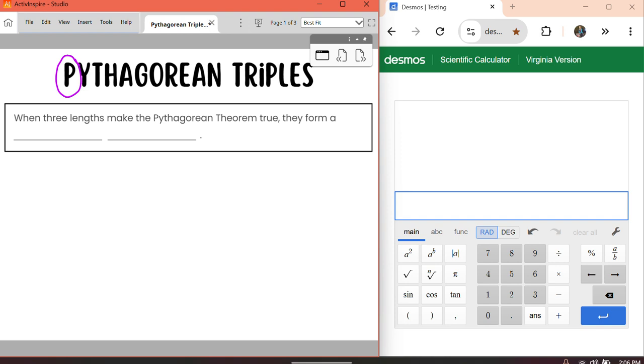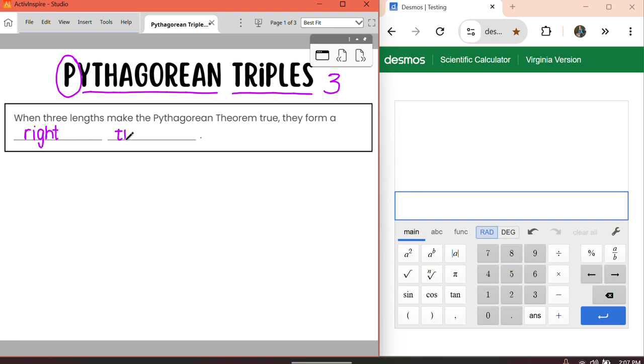All right, so let's dive in. Let's see what we're talking about. Hopefully, you're already familiar with the Pythagorean theorem, and maybe you already know that the word triple means three. So, when we're talking about Pythagorean triples, that is when three lengths make the Pythagorean theorem true and they form a right triangle.